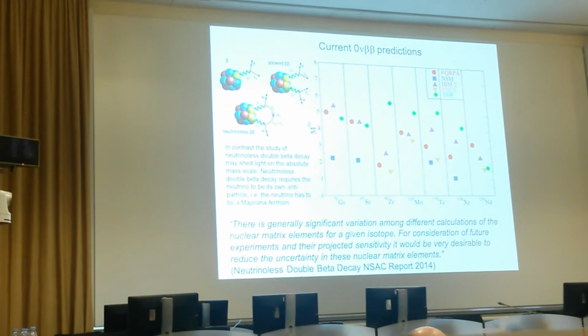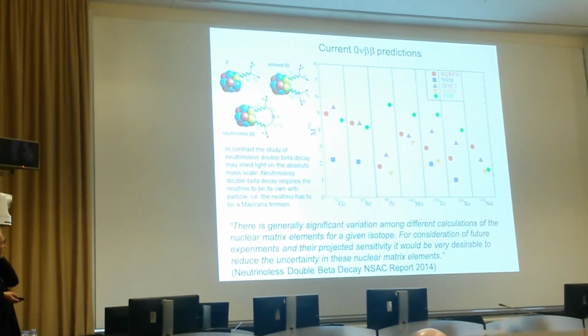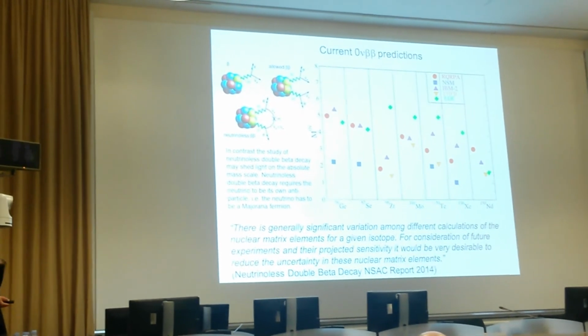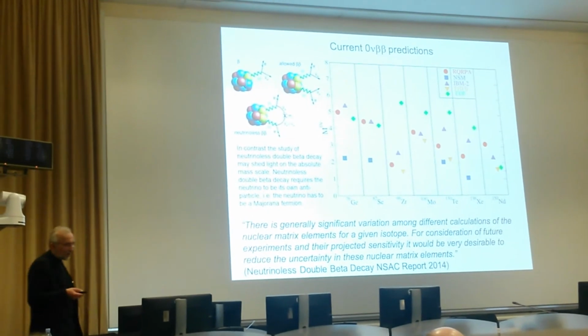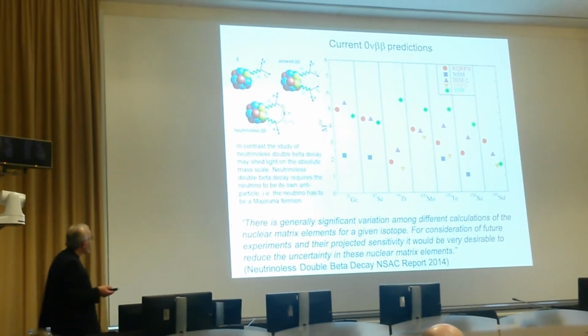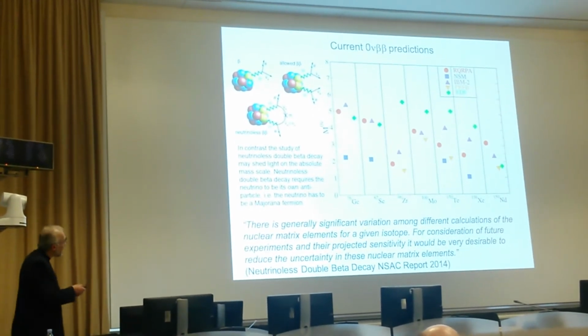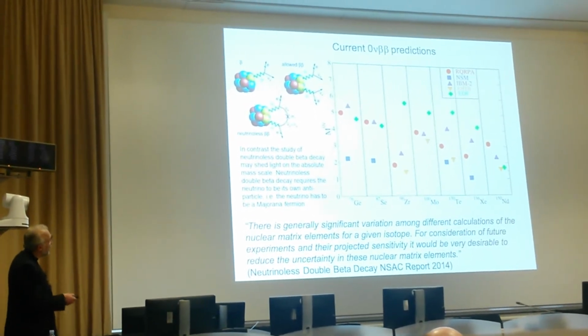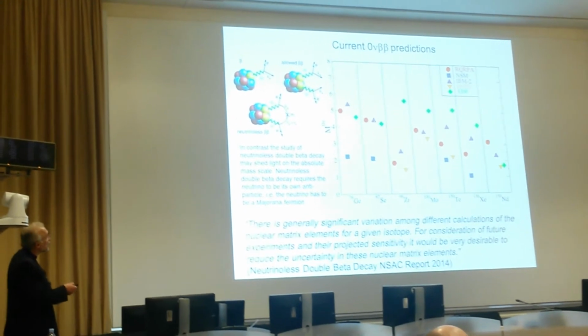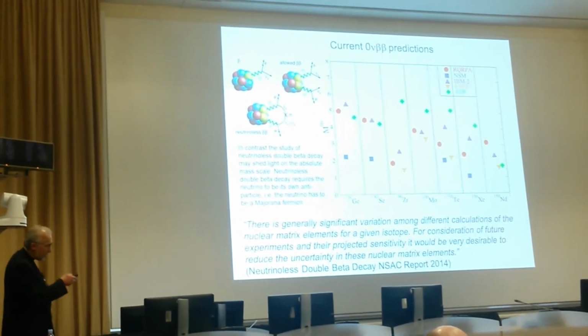Okay, so particularly painful here is the current quest for the nuclear matrix element for the neutrinoless double beta decay. Various predictions for this quantity show a very large spread.